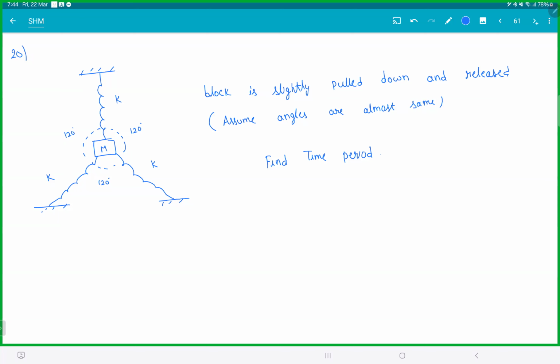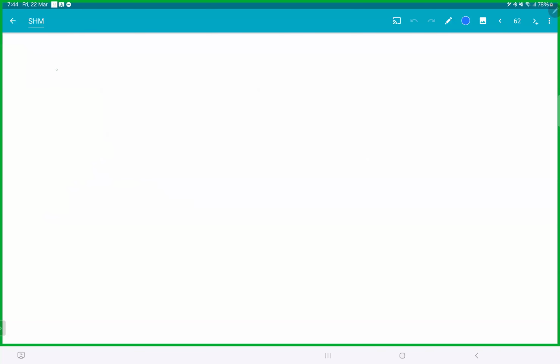So how to do this thing? Whenever you have springs at angles, you can do something. Let's say we have a block here, M. We have a spring here, and let's say this is theta.